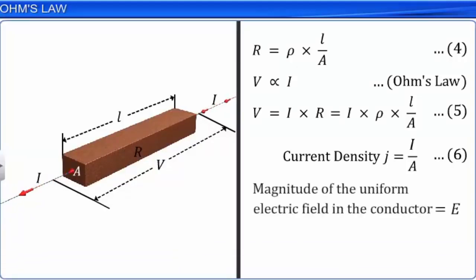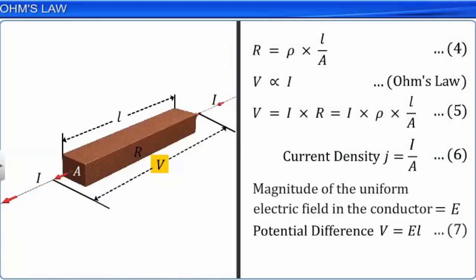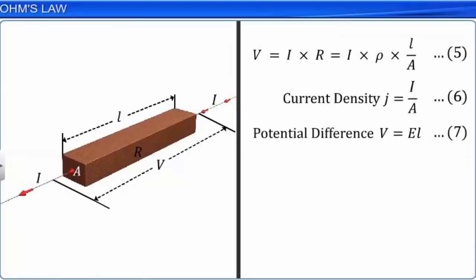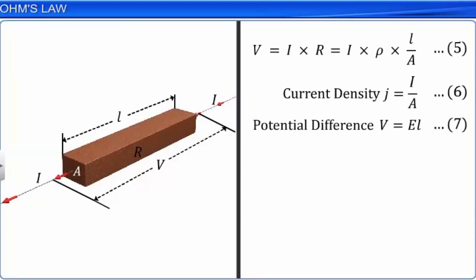When E is the magnitude of the uniform electric field in the conductor of length L, then the potential difference V across the conductor is expressed as V is equal to EL. Let this be equation 7. Substituting equations 6 and 7 in 5, we have EL is equal to the product of J, rho and L. On simplifying the above equation, we get E is equal to J into rho.